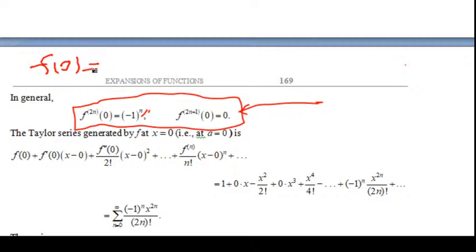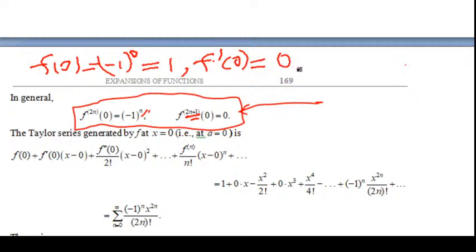f of 0 will be negative 1 to the power 0, which is equal to 1. F prime of 0 will, no doubt, be 0 because 1 is odd. Whenever 2n plus 1 is odd, that is, whenever we have an odd derivative, the value of the obtained function evaluated at x equal to 0 is 0.